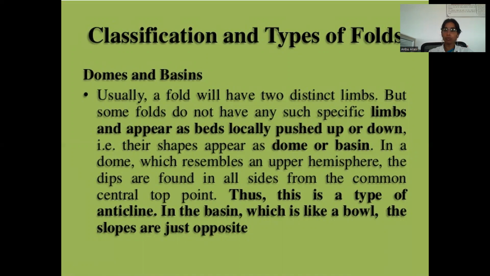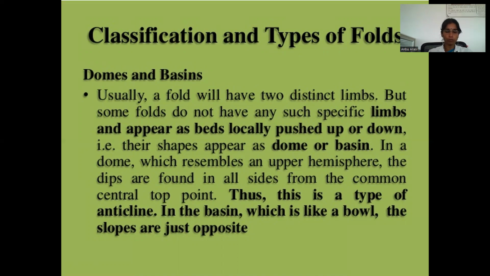Next, domes and basins. Usually, a fold will have two distinct limbs, but some folds do not have any such specific limbs and appear as beds locally pushed up or down. That is, their shape appears as a dome or basin.